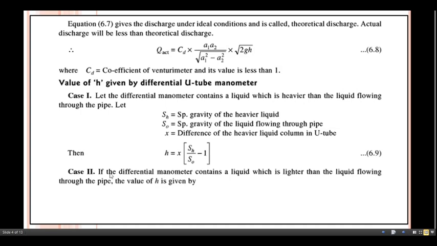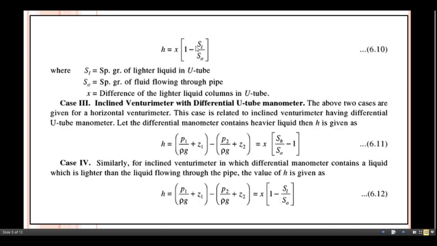In the second case, if I consider the reverse, let the differential manometer contain a liquid which is lighter than the liquid flowing through the pipe. The value of H is given by, instead of SH by SO minus 1, the reverse case: H equals X into 1 minus SL divided by SO.